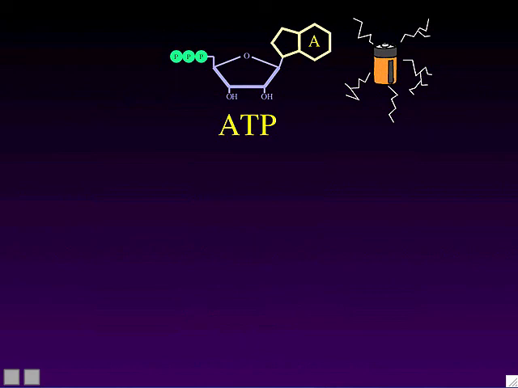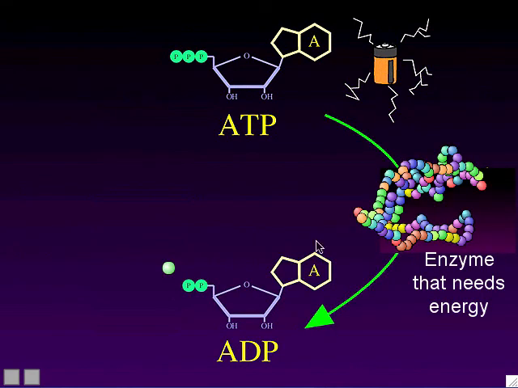Good. And so, when an enzyme needs energy to do its chemical reaction, the enzyme grabs hold of an ATP molecule, and to get the energy out of the ATP molecule, the enzyme breaks off that last phosphate, and so you end up with this over here. Breaking off that last phosphate releases the energy. So the enzyme gets the energy that it needs to do its chemical reaction, and what's left over is called adenosine diphosphate.